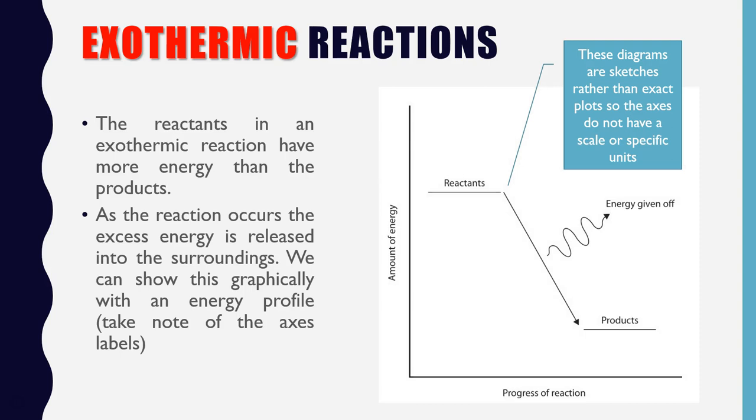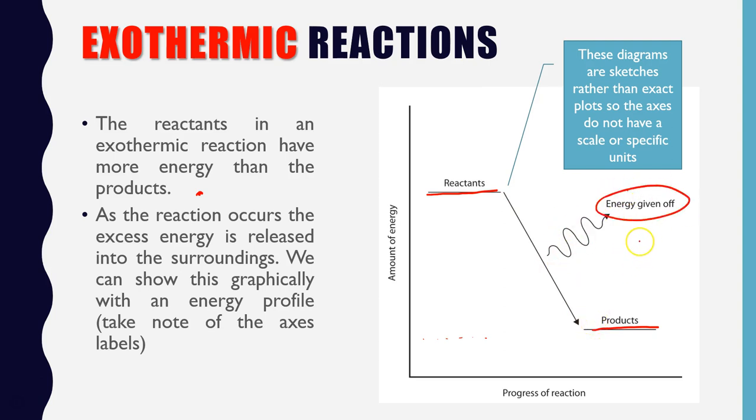So we can also describe what is happening in an exothermic reaction using an energy diagram, okay? Because the reactants in an exothermic reaction have more energy than the products. If I have my y-axis being the amount of energy, that means my reactants will be higher on the graph than my products. Okay, and then if we say progress of the reaction, so as time is going by, the energy is actually going to drop, and that energy needs to go somewhere.